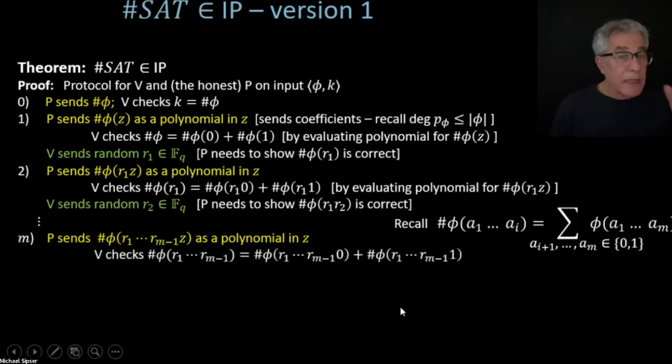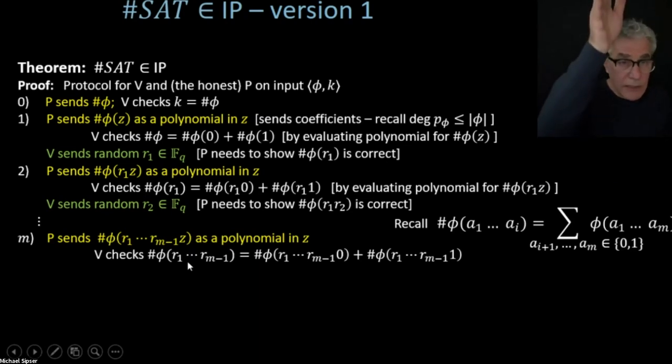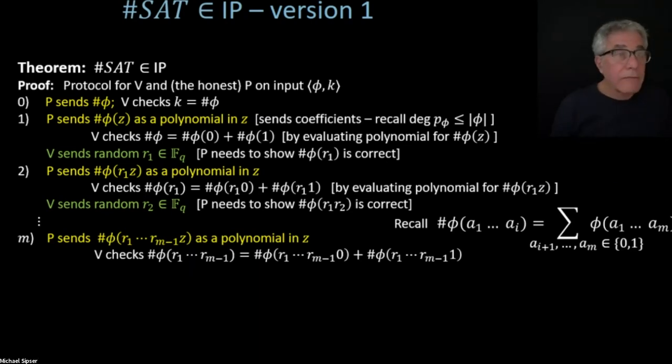So this very much corresponds to what happened in the exponential protocol, but just along this arithmetized single path. So it checks that the previous value is correct in terms of expanding it with 0 and 1. But again, the 0 and 1 comes from evaluating the polynomial.